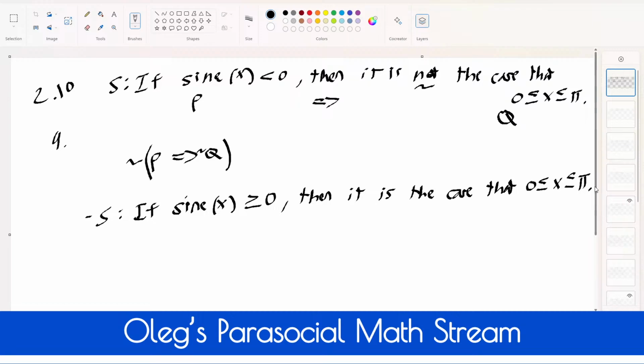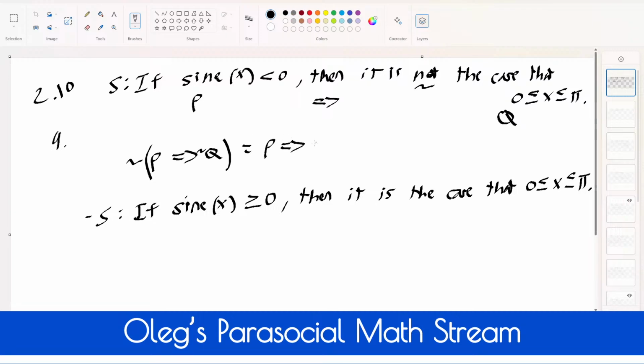I did the not cause in... Let me see here. Okay, I think, yeah, when I did the negation, I should have left the P alone and done this.